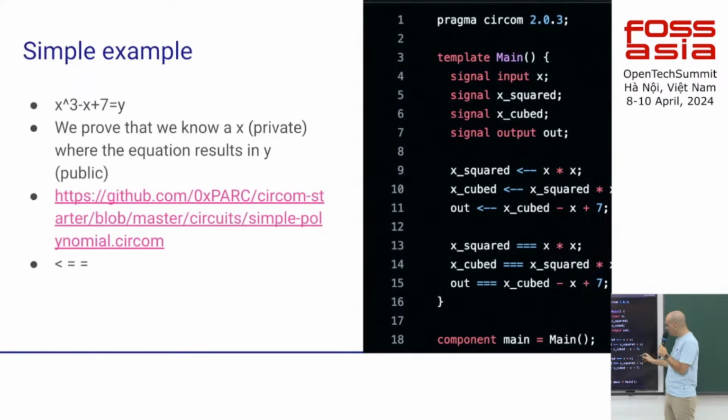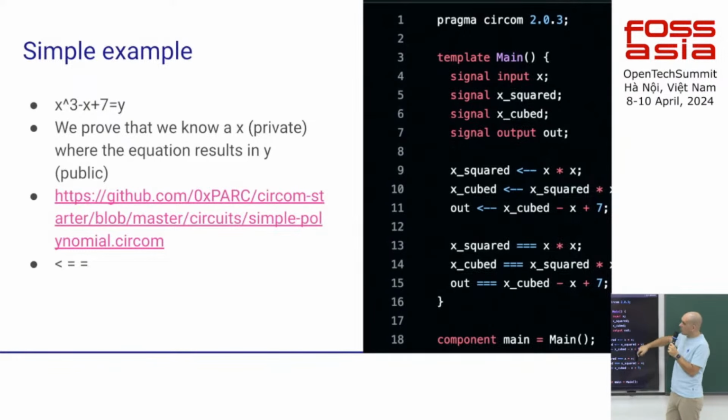What I want to explain is this: the x squared, x cubed, and out are valid witnesses that have to follow these rules, and this is a way of generating values that follow these rules. But there can be other ways, and that's okay.